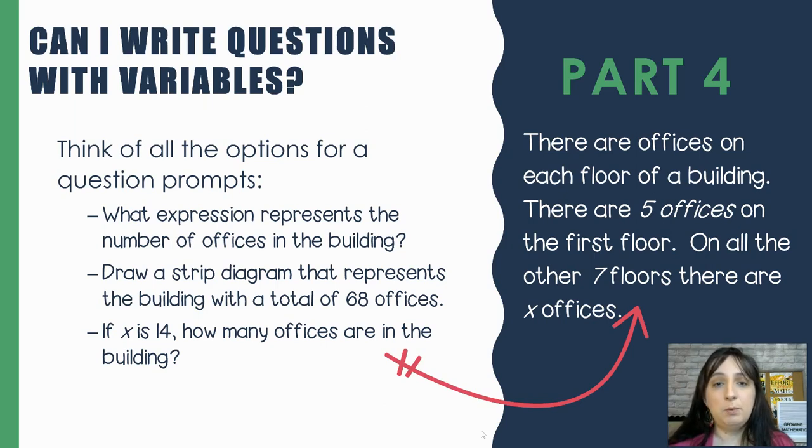But at this point, they will have done a lot of work already in thinking about what this office building actually looks like. What does this scenario actually mean? So when it comes time to solve this multi-step problem, they're going to be more prepared than if they had just received this multi-step problem in the traditional format.